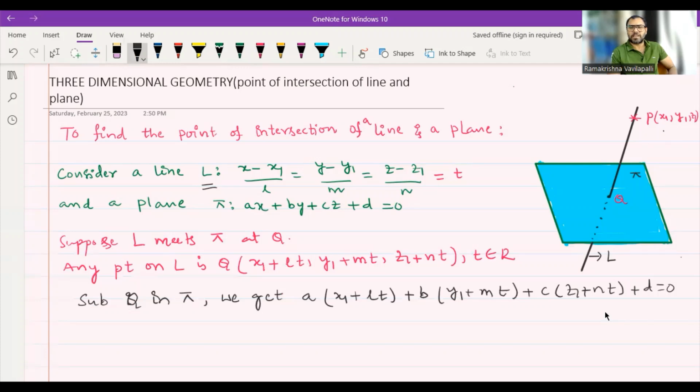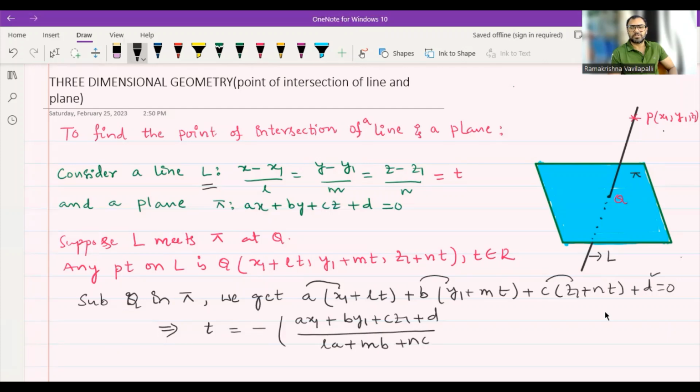We need to find the value of t. After simplification, sending ax1, by1, cz1 and d to the other side, we get t equal to minus of (ax1 plus by1 plus cz1 plus d) whole by the coefficient of t, which is la plus mb plus nc.